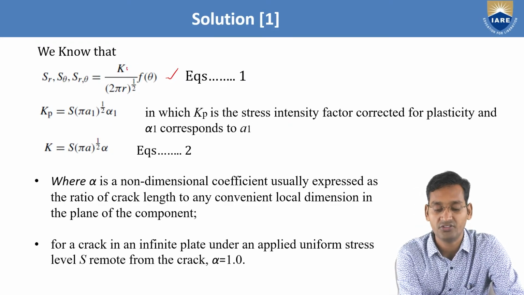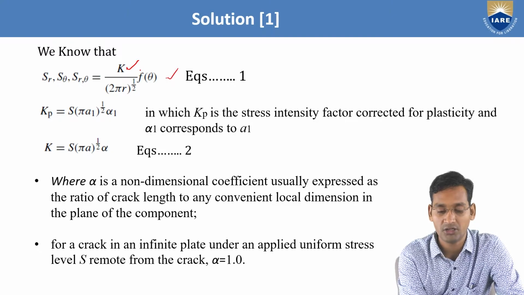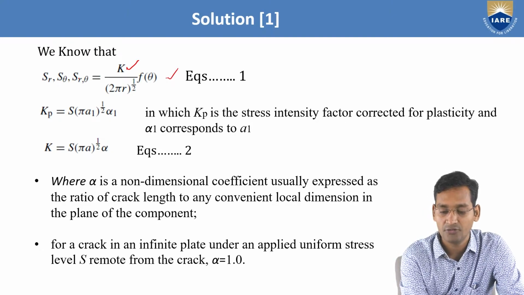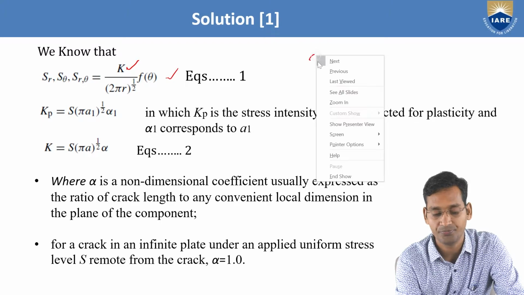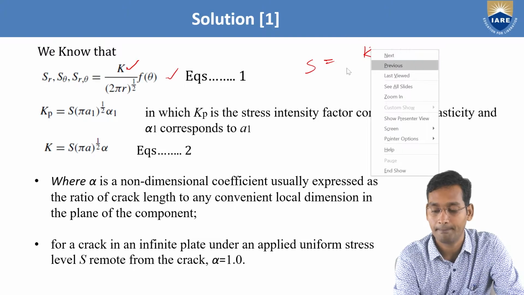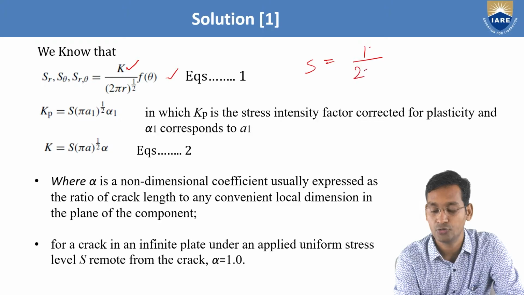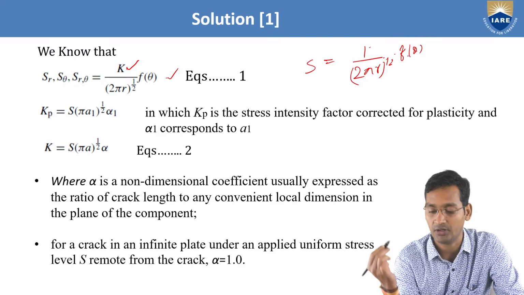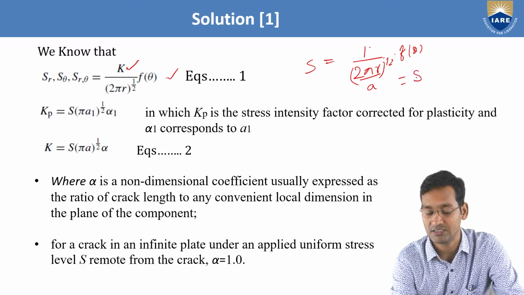Now just see here, if suppose this is S, we can write S equals K by 2 pi R to the power 1 by 2 into F of theta. So this we can write as A. This will give you S equals K by A into F theta.